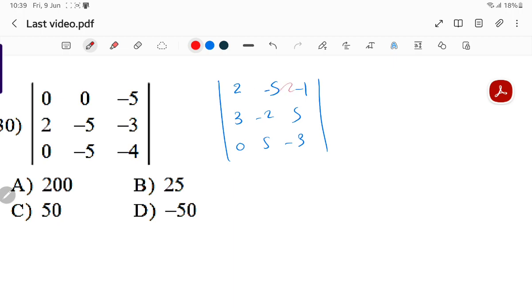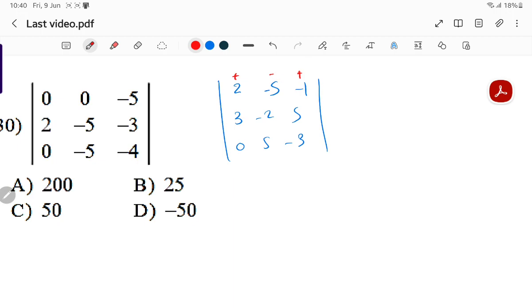You usually choose the first row. We say this is positive, negative, positive, and since we choose the first row, we don't need the other signs. But we don't mean by this positive to take this number as positive. No, take it as it is.